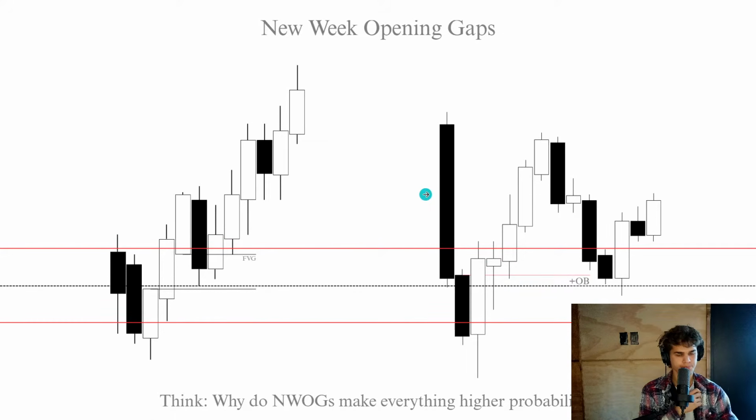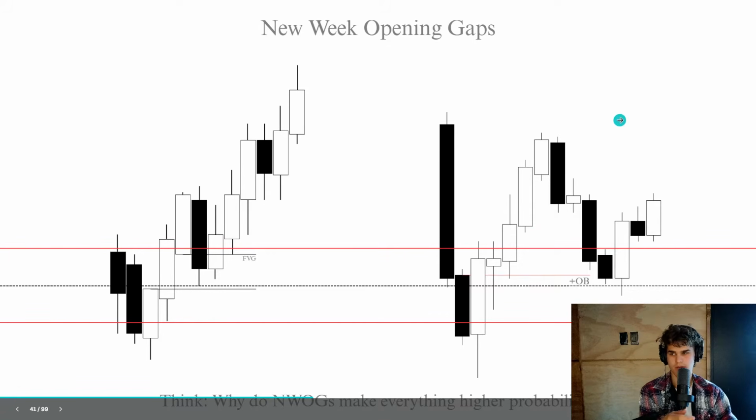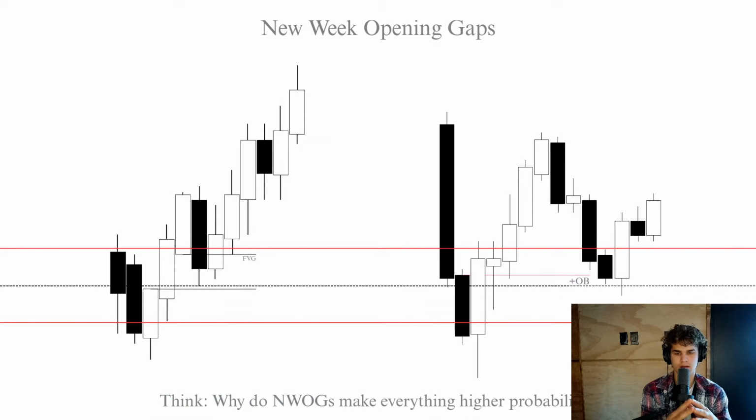So if you're thinking at the bottom of your screen here, it says, why do new week opening gaps make everything higher probability? Part of it's cut off there, but whatever. Don't mind that. You have to keep in mind that where Friday closes is predetermined, where Sunday's open is predetermined. Keep that in mind, and you'll understand why they make everything higher probability.